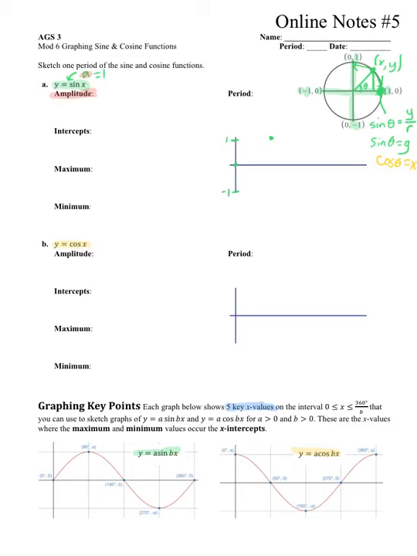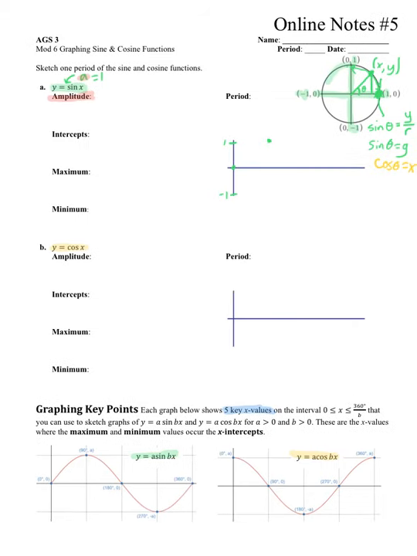Then as it keeps rotating around to 180 degrees, it's going to be back at 0. As it rotates to 270 degrees, the y value is going to be negative 1. And then as it rotates back to 360 degrees, it's going to be 0 again. What I ended up doing there was plotting 5 points, and those are going to be called our 5 key points. That's what we always want to look for.